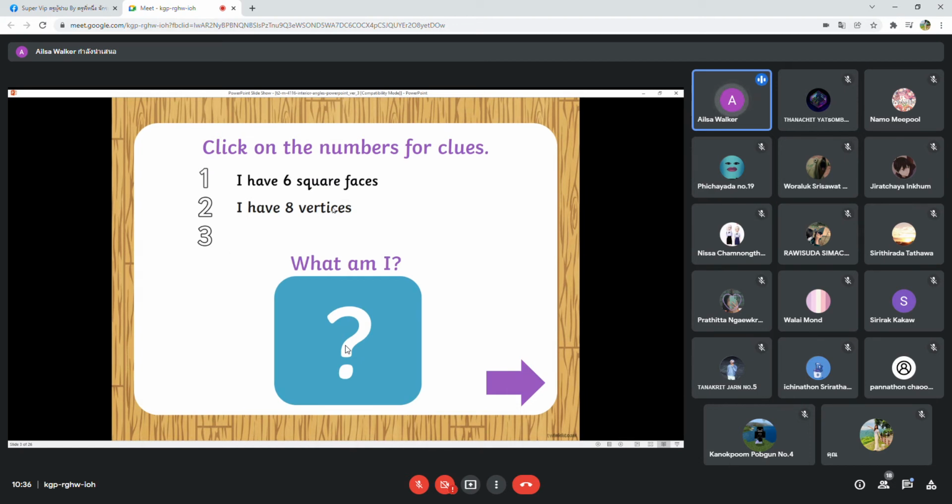Anyone remember? Look at the screen. Vertices. I have 12 edges. What am I?